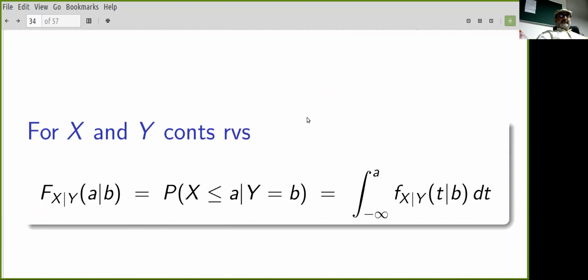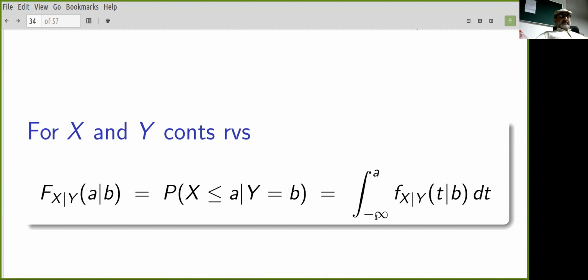Okay, so for continuous random variables, you don't have the sum, you have the integral. So the cumulative conditional CDF for x given y, evaluated at a and b, is the probability that x is less than or equal to a, given that y is equal to b.